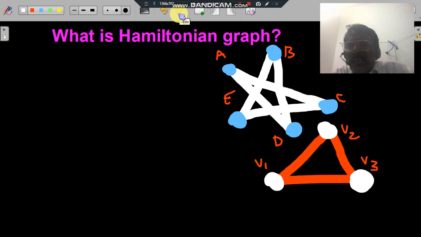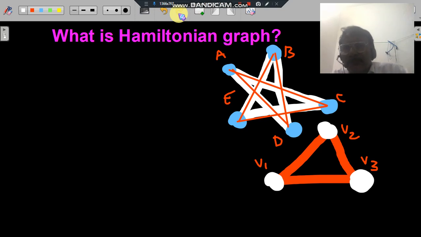Now I am going to make a cycle again from A to C, from C to E, from E to B, then from B to D, and then again from D to A. Now what you see here is that when I draw this particular cycle, each vertex comes only one time.